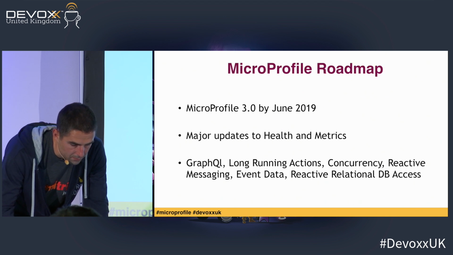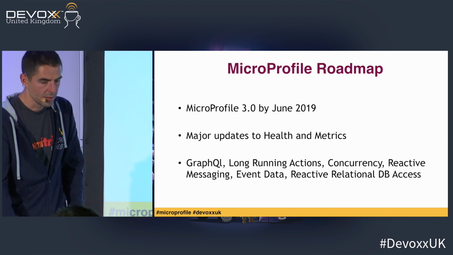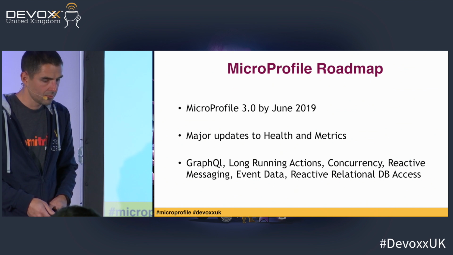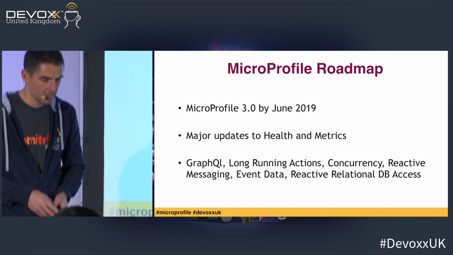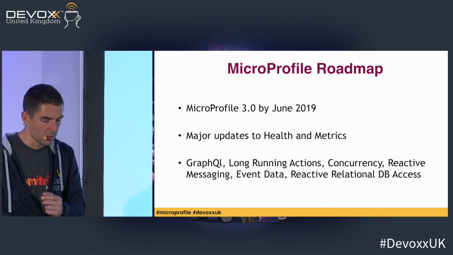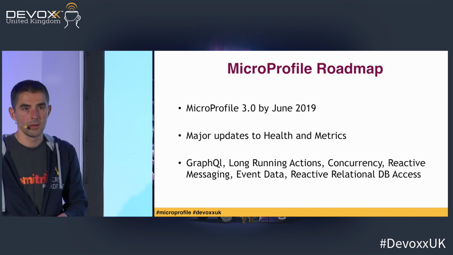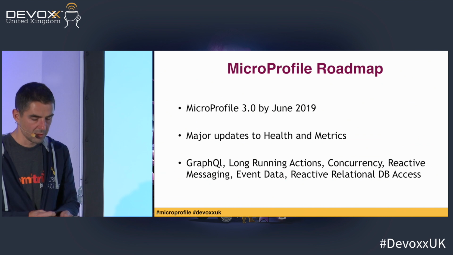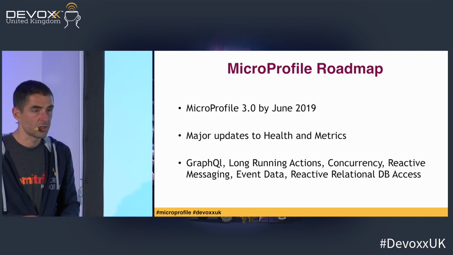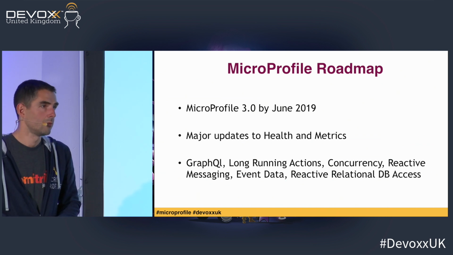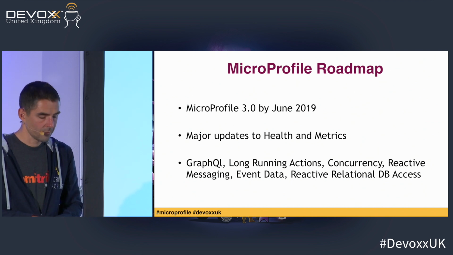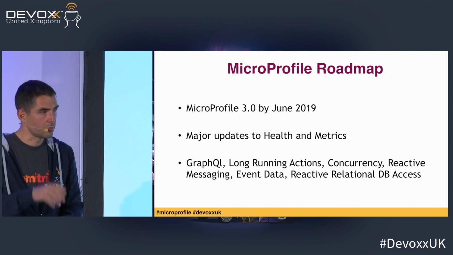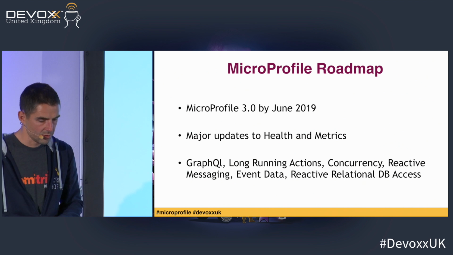And well, future. So we are working on MicroProfile 3.0 currently, and we are also working with the community on some additional specs that we're probably going to be including. So there is GraphQL, which is a query language to basically call all the microservices.